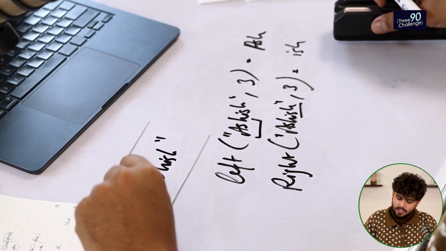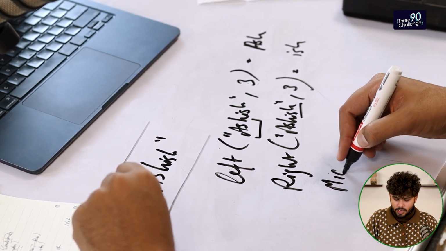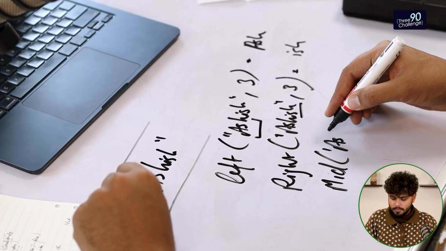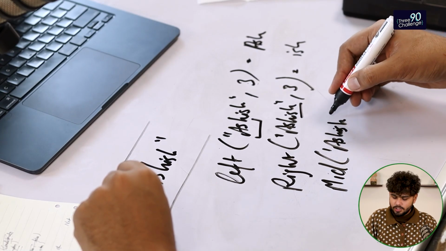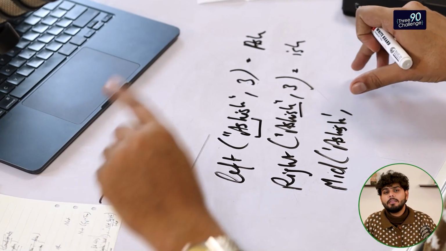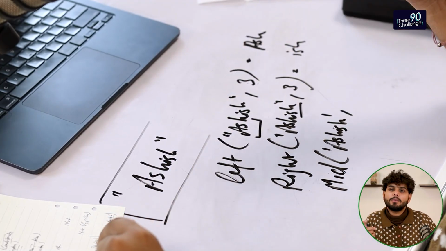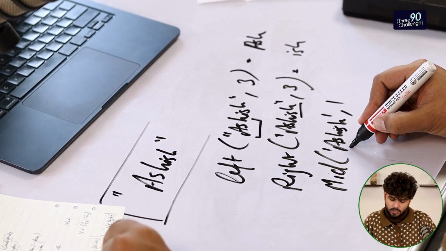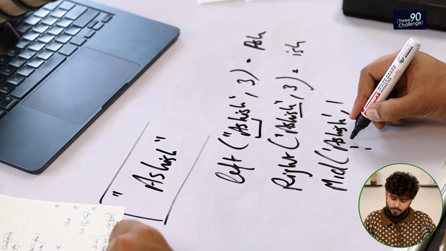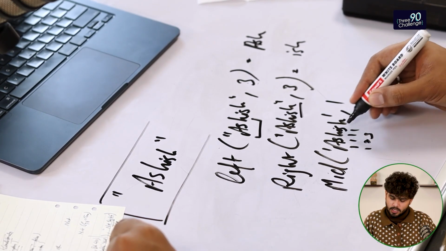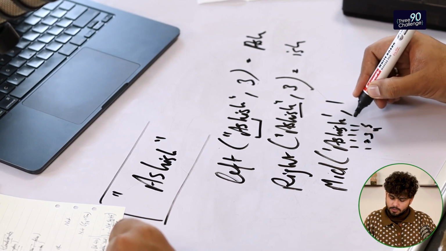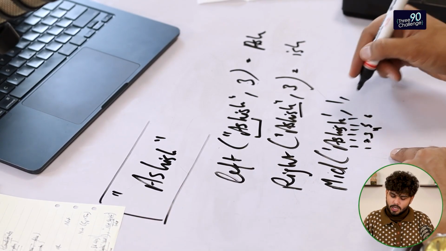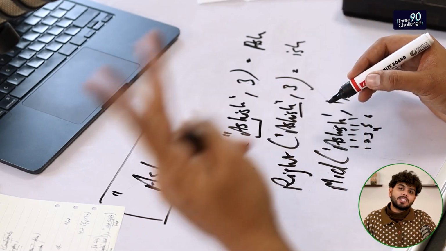In the exact same way, we also have mid. So if I am writing mid of Ashish, here we have 2 values. The first value is the position where I want to start. If I want to start from the first position, so this is first, this is second, this is third, this one is fourth, this one is fifth, this one is sixth. I want to start at the first position. How many characters I want to take?